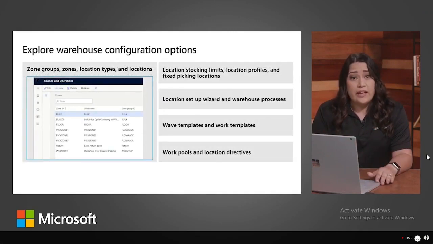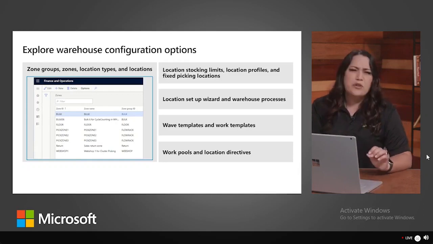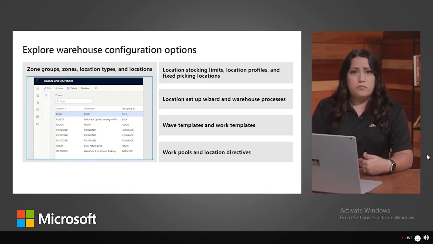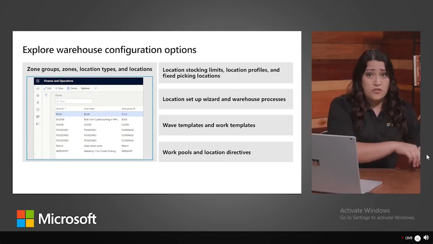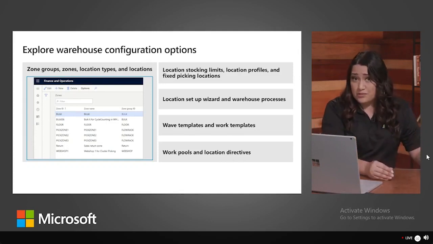And so when we look at how you can configure your own warehouse, you're going to have to enable a few different things. First, you'll need to set up a zone group. This is basically a grouping of zones, think of physical locations inside of the warehouse. And each of those locations, we call them zones.